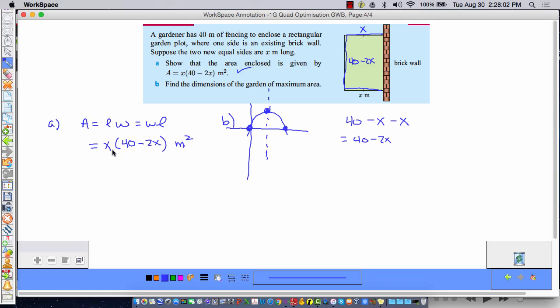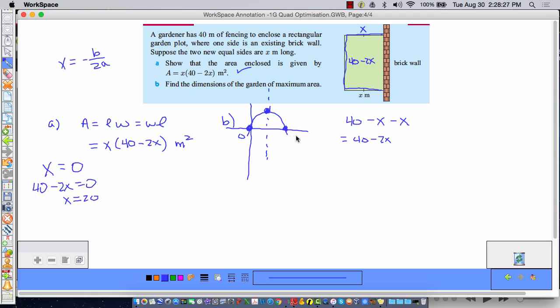Now, you can always distribute this through and use our handy-dandy formula, x equals negative b over 2a. But if you want to be efficient, we can quickly find the zeros here by using ZPP. If I set this equal to 0, x equals 0, 40 minus 2x equals 0, and then for this equation, x equals 20, right?